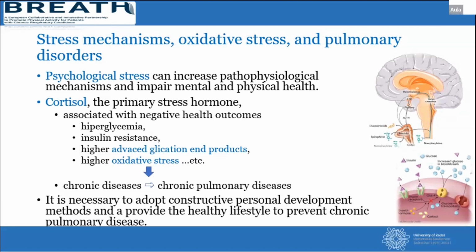All these conditions, as already mentioned, may cause chronic disease, may cause chronic pulmonary disease. It is extremely important to adopt constructive personal development methods. In that way, we provide a healthy lifestyle and prevent chronic pulmonary disease.